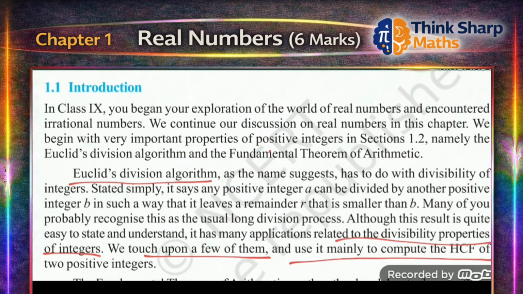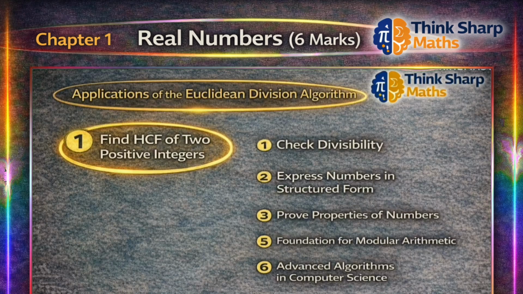So we will also quickly see what are the applications of Euclid division algorithm, then we will come back. Here it is written Euclidean, it is the same, Euclid division algorithm. Finding the HCF of two positive integers is what we mainly use it for, but there are many other applications also.